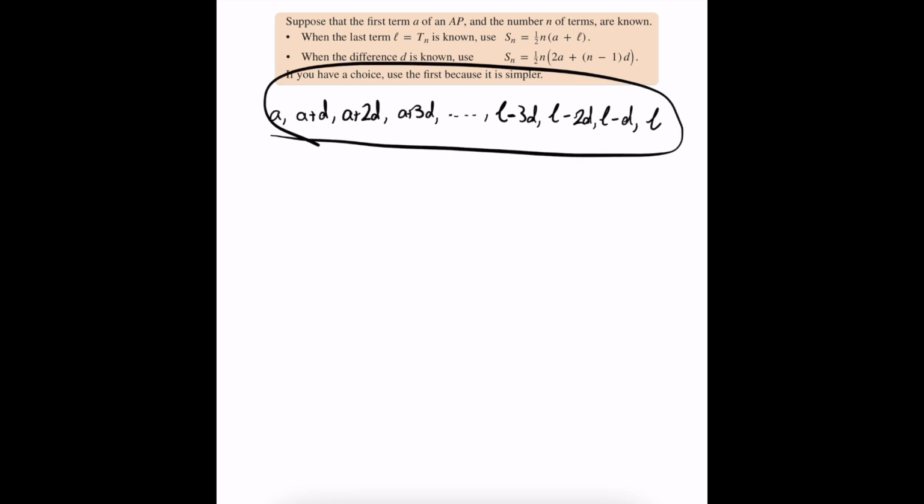So now that we observe we can write it in this sort of way, what happens when we want to sum all these terms? So what I'm going to calculate is Sn, which is the sum of n terms. So let's say L is the nth term. So if it's S100, L is going to be the 100th term.